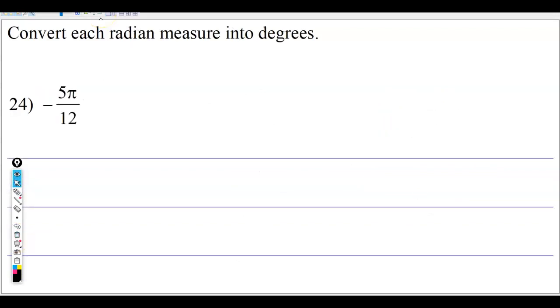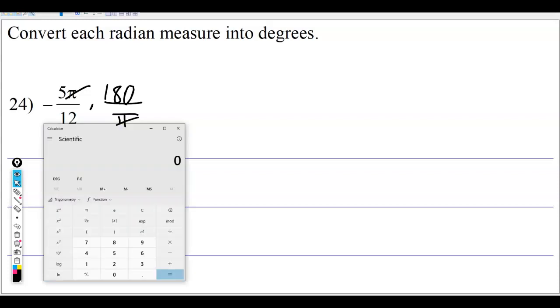Next one we have to convert radians into degrees. Very similar. It's just that we're going to multiply it by the reciprocal of what I multiplied by last time. So I want the pi's to cancel out, so I'm going to put pi on the bottom, and that corresponds to 180 degrees. Pi's go away, right? And from here, probably just use a calculator to get your answer.